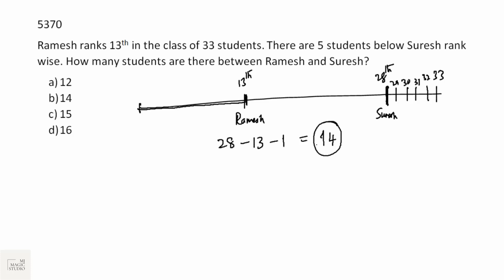Between Ramesh and Suresh, there are 14 students and not 15. Whenever the number of students between two positions is asked, and you have got the ranking from the same side, like from the top, then find the difference between the ranks. Minus 1 will give you the number of people between these two ranks.